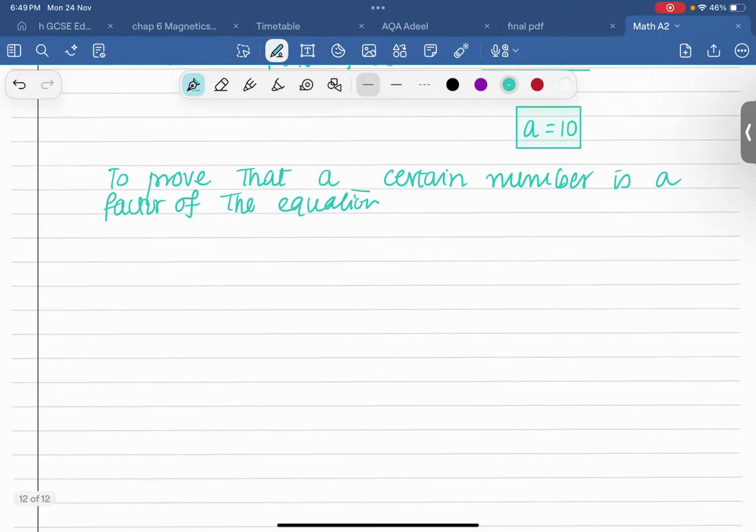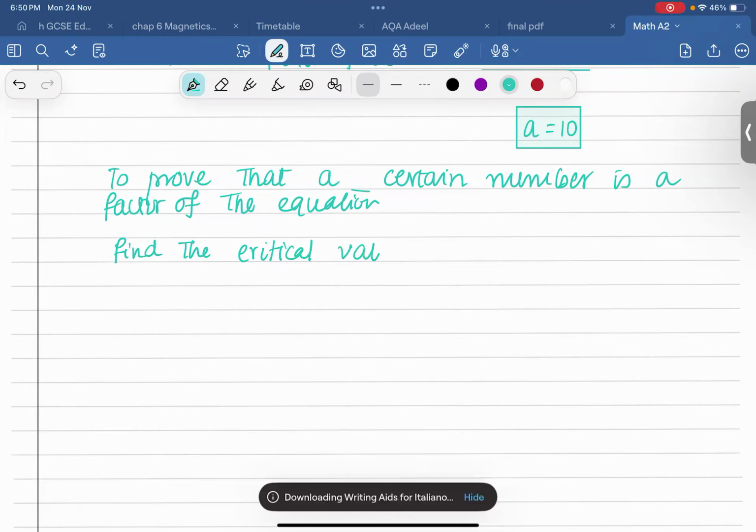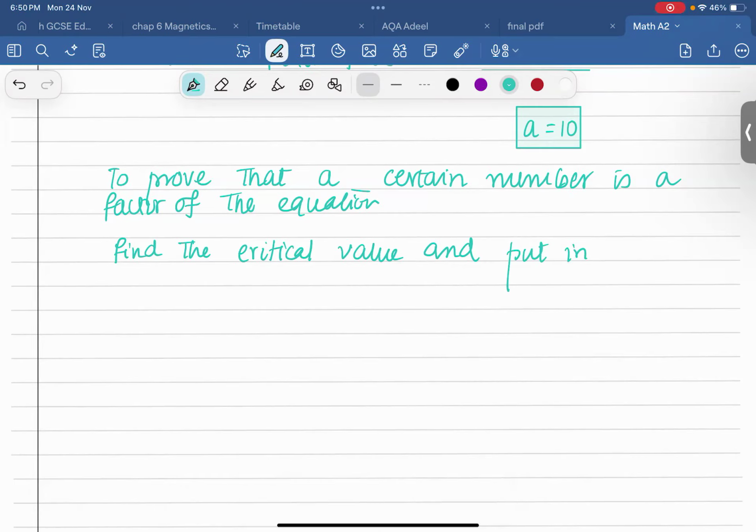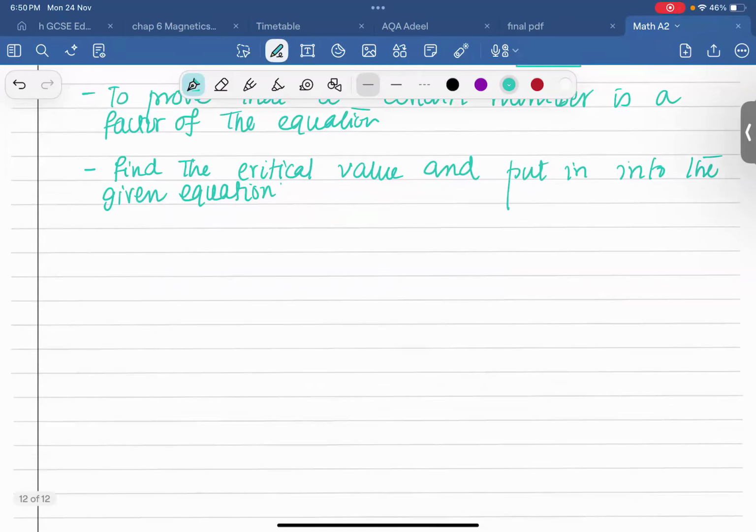So what you have to do, okay, find the critical value, critical value, okay, and put it into the given equation, right? So when you put that into the given equation, it should give zero, right? If it gives zero, then it is proven that you have the polynomial, you have the factor, you have the given number as a factor, right?